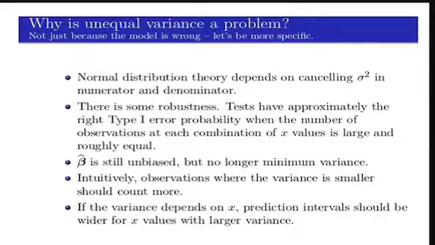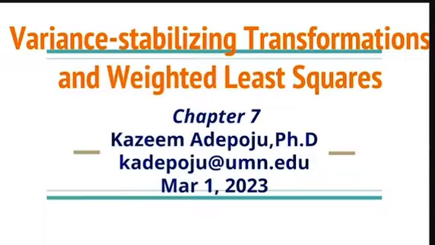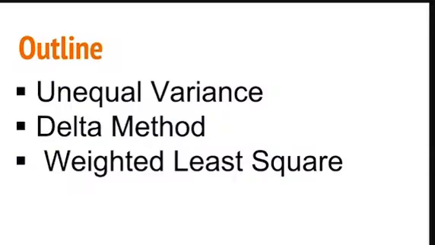Then we need an intervention that will stabilize the variance. That is the reason why I call the title variance stabilizing transformation. When some observations give more information and some give less, we're going to use a regression technique that will treat observations in an equal manner. And that's exactly what we want to do.